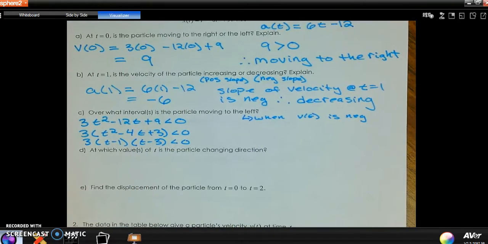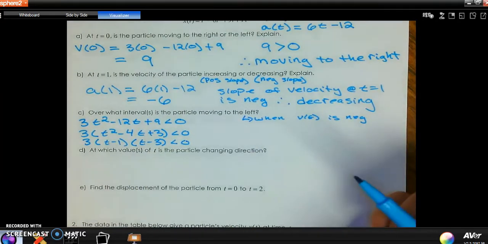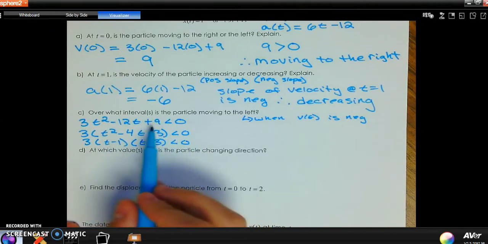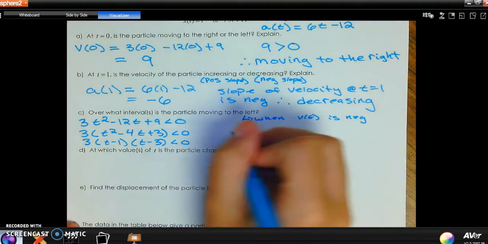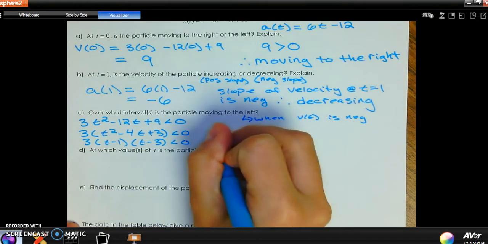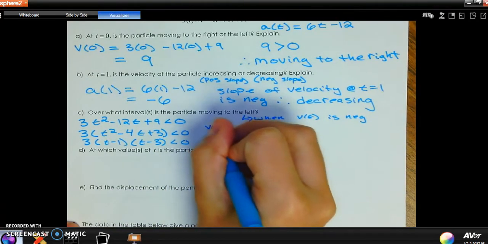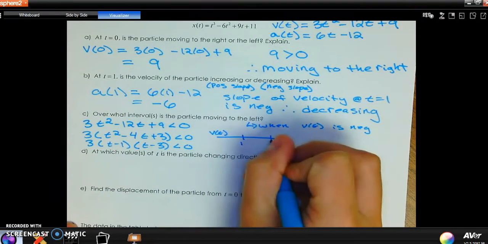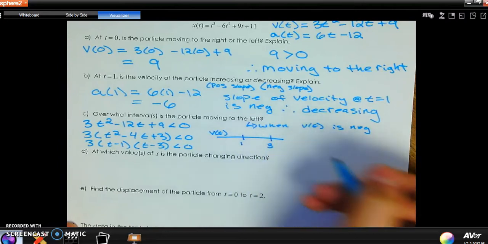So you kind of got to think back to our previous units on what does that actually mean here? We're going to have critical values, right? So whenever you take the derivative and you set it equal to 0, you're getting critical values. So I'm going to do this like a sign chart where my velocity, because that's the derivative that I took, and I know something's going on at 1 and 3 because I have those there.